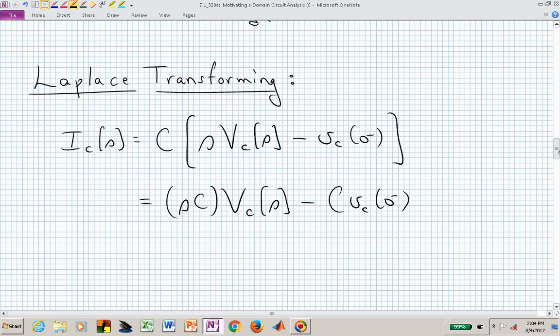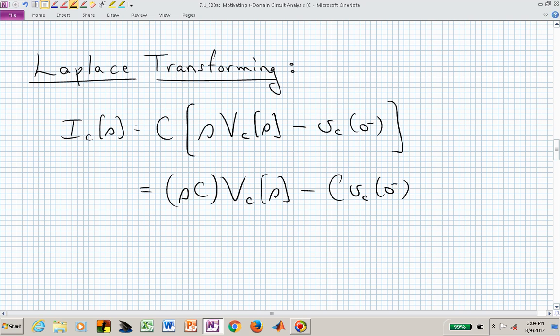And if we're dealing with voltage sources, then we probably want to isolate or solve for the capacitor voltage and write that in terms of the capacitor current and the initial condition. In other words, let's divide all the terms by what's scaling capital V sub c of s, which is SC, and isolate V sub c of s on one side of the equation by itself.